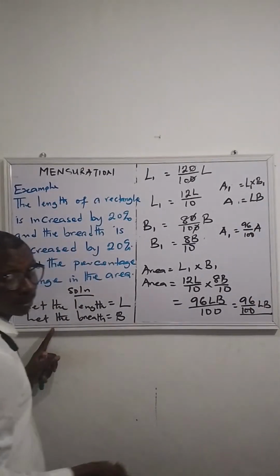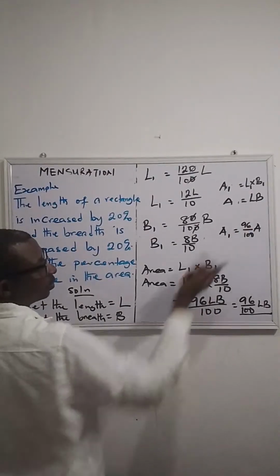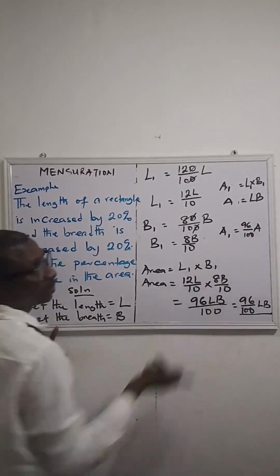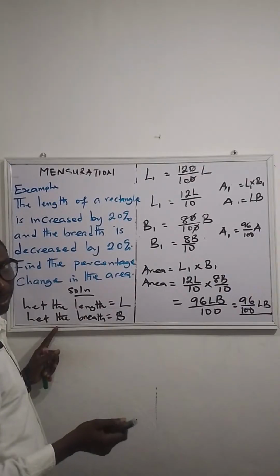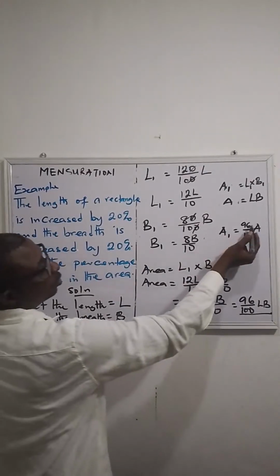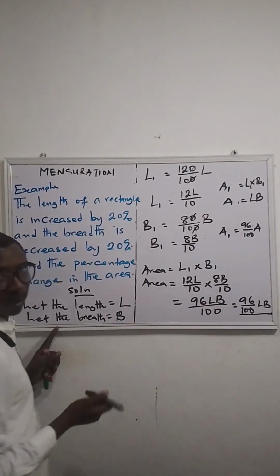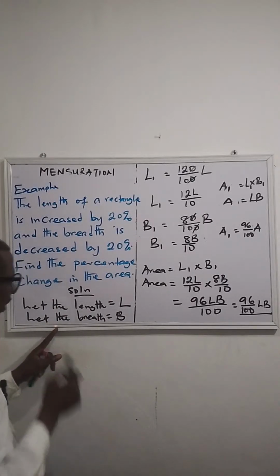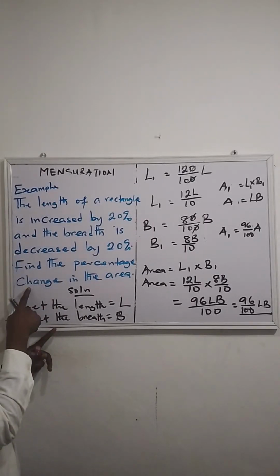We are supposed to have 100 over 100, so it has been reduced by 4%, and that is what the question is asking for.